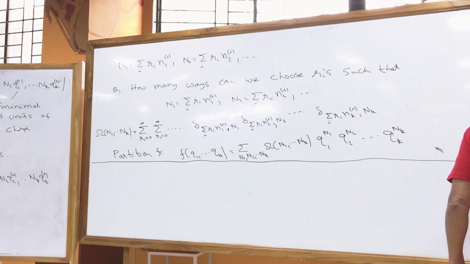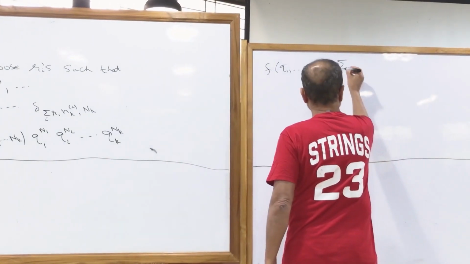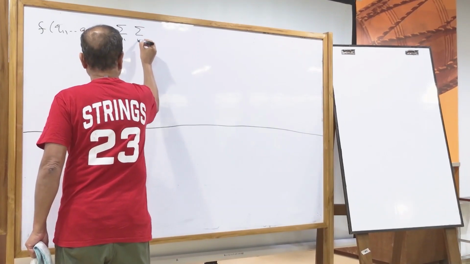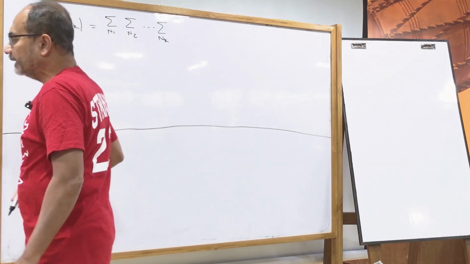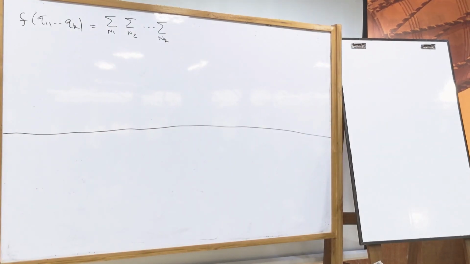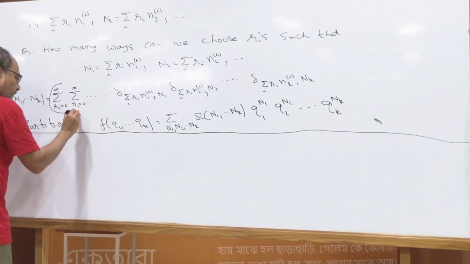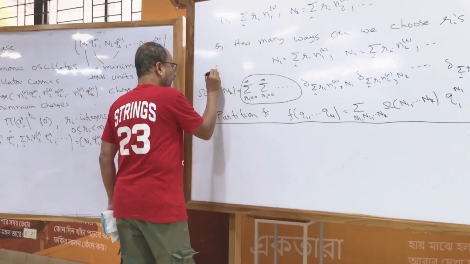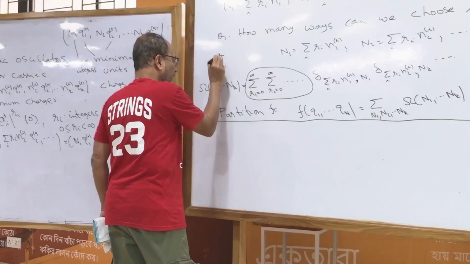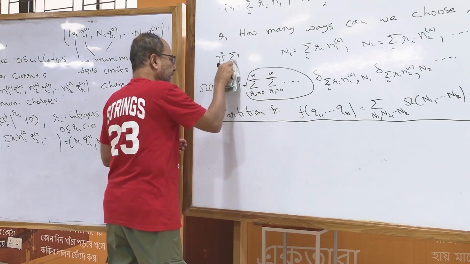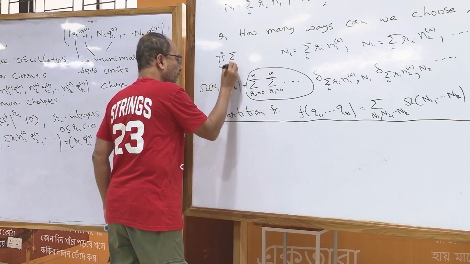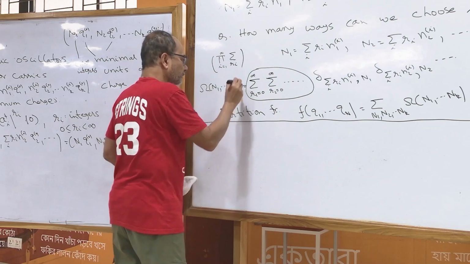So this gives you F of Q1 to Qk as a sum over N1, N2 up to Nk. This quantity over here, these multiple sums, I will write formally as a product. I will write this as a product over I equal to 1 to infinity, sum over Ri.